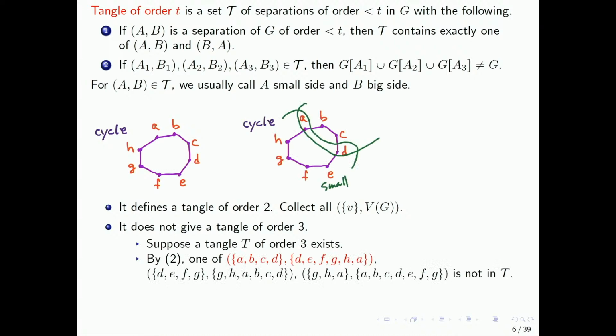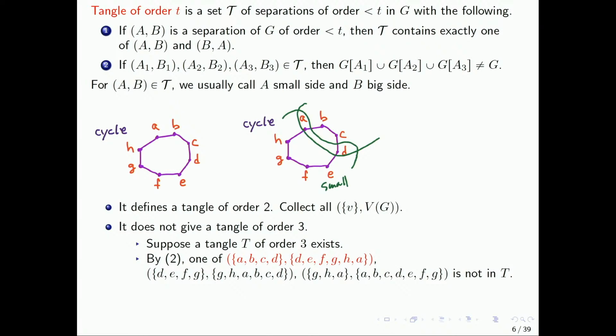So why? Suppose some tangle of order 3 exists. Then you have to consider that for every separation of order 2, one of AB or BA should be in the tangle, right? To obtain a contradiction with the second condition, you partition the cycle into three paths and put them on the small side.